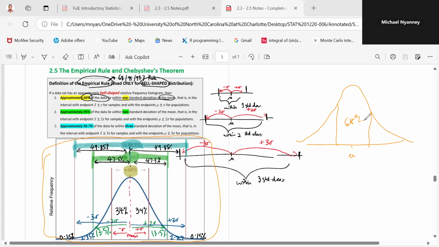If you go to two standard deviations, let's say we are here, within this interval we're going to have 95% of our data. If you go to three standard deviations, then you're going to have 99.7% of our data set in there.